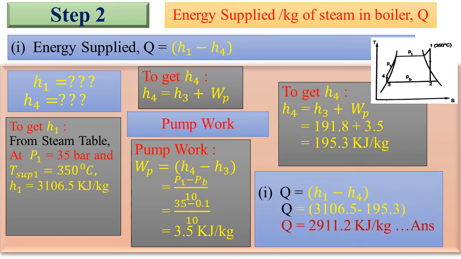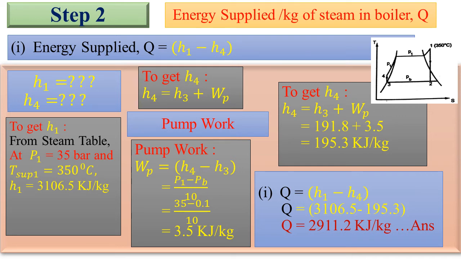Our main purpose was to calculate energy supplied, capital Q, by using the formula H1 minus H4. Energy is supplied during process 4 to 1, so enthalpy will be higher at point 1 and lower at point 4. Enthalpy at point 1 we have directly obtained from the steam table, H1 is 3106.5 at 35 bar and 350 degrees Celsius.